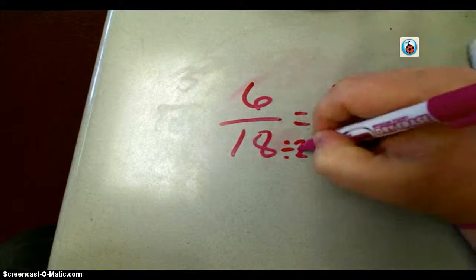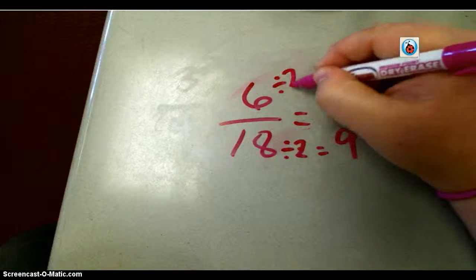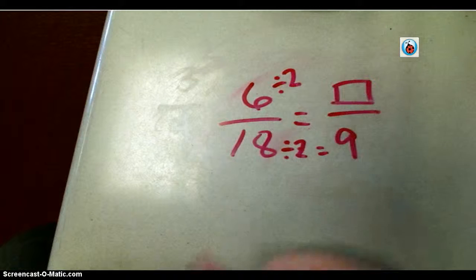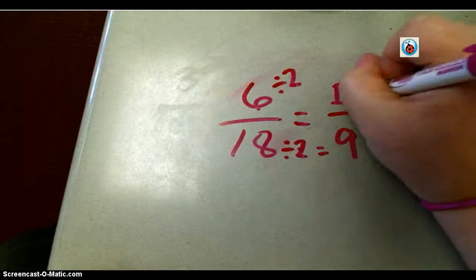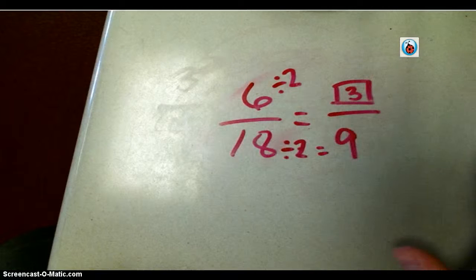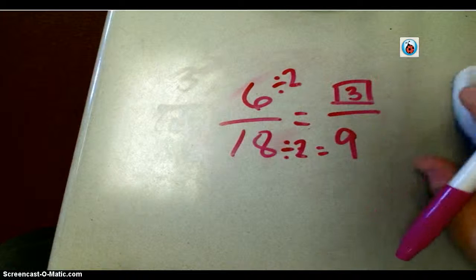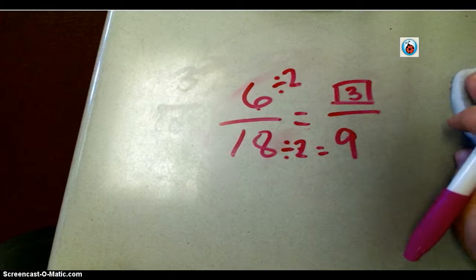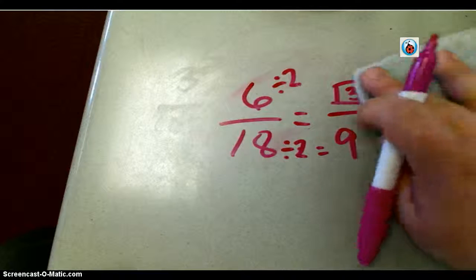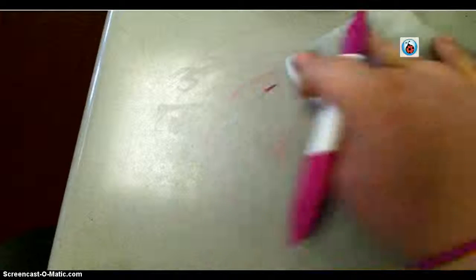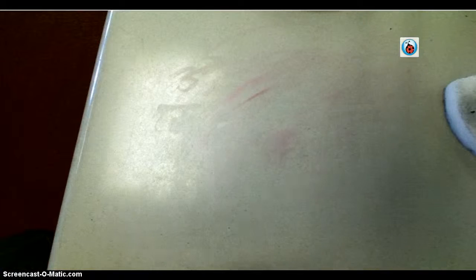If I divided the bottom by 2, I must divide the top by 2. 6 divided by 2 is? 3. 3 would have been your missing answer. No, it's not the same as a half. It would be 1/3. But I'm proud of you for being on top of trying to reduce it.